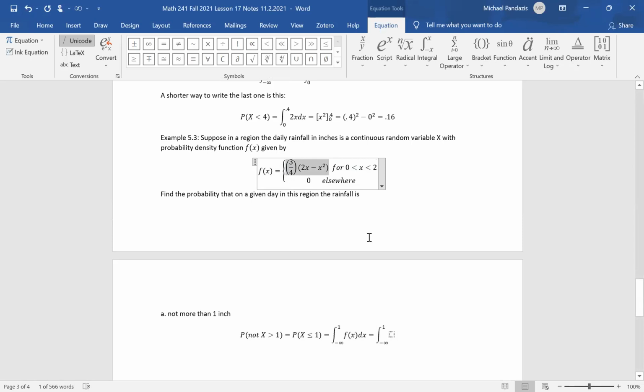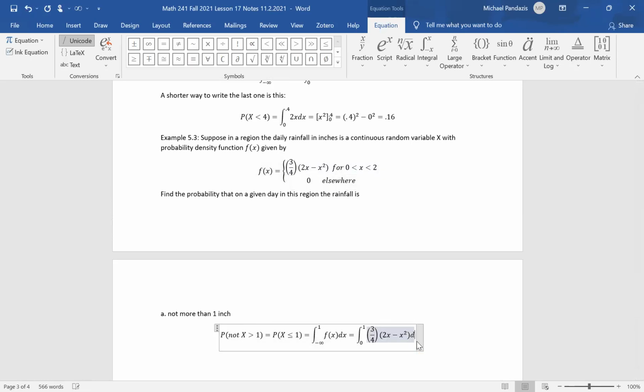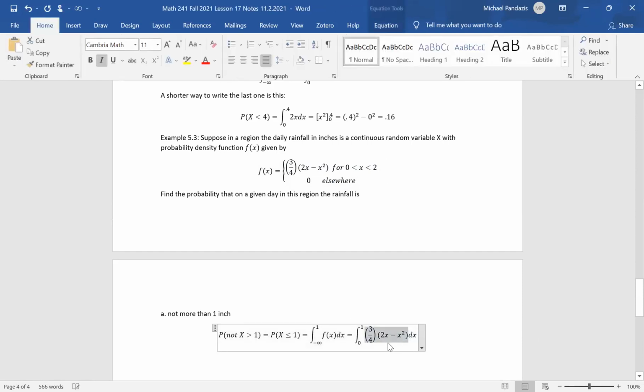Since it's only nonzero between 0 and 2, you only need to look in the interval from 0 to 2, and you only need to look here from 0 to 1 because we stop at 1. So this is the integral of that integrand from 0 to 1. Now you integrate that and get your final answer.